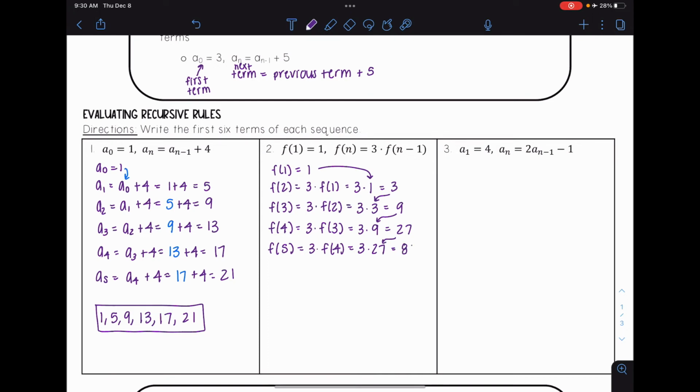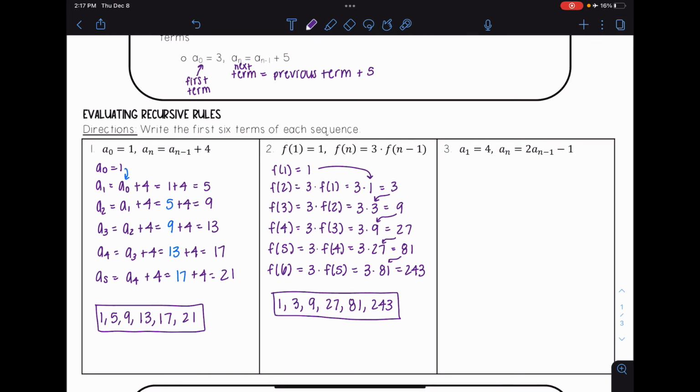And I get 81. And then my last term, f(6), is equal to 3 times my previous term, which is f(5). So I have 3 times 81. And when I multiply that, I get 243. So my first 6 terms are 1, 3, 9, 27, 81, and 243.